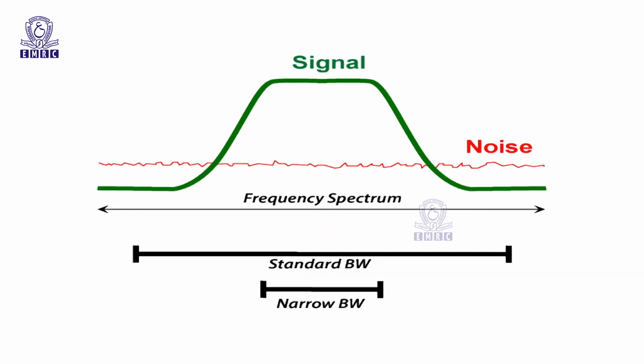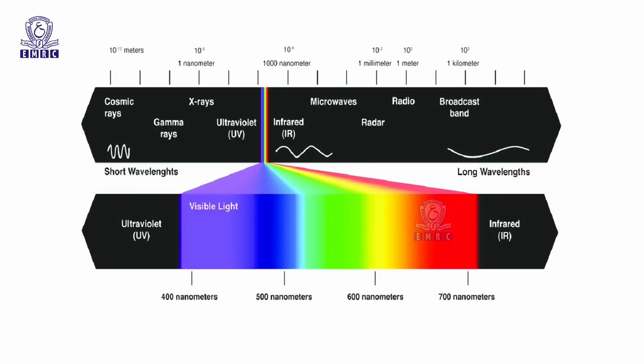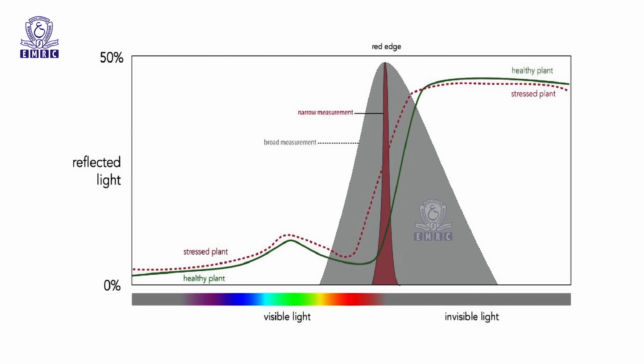Narrow bandwidths in certain regions of the electromagnetic spectrum allow us to discriminate between various features more easily. Consequently, we need to have more spectral bands, each having a narrow bandwidth, and these bands should together cover the entire spectral range of interest.